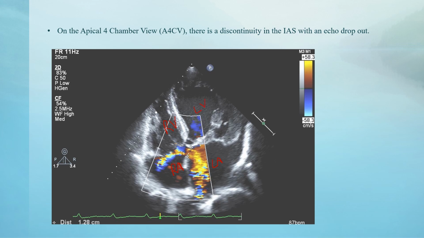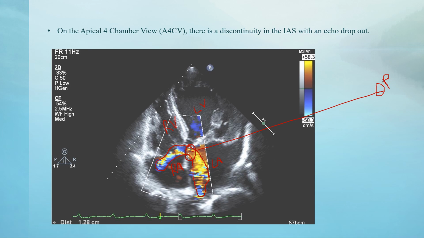Can you see a shunting from the left atrium into the right atrium? This is the ASD, and it is found near the annulus of the tricuspid valve and the mitral valve. So this is the ostium primum ASD.